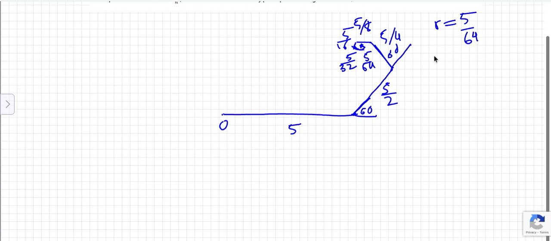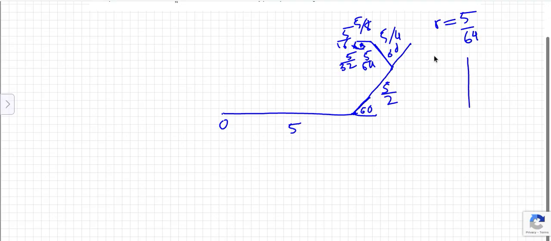So let's create a table. This is just for our first 6 steps. And we'll have 6 steps, so then I'm going to number them 1 through 6.